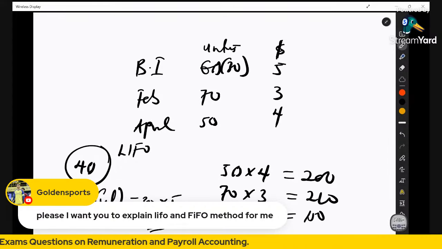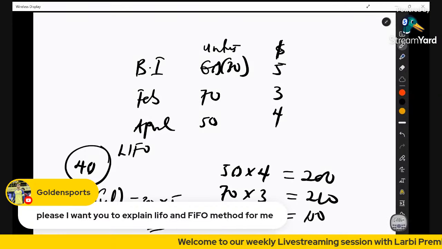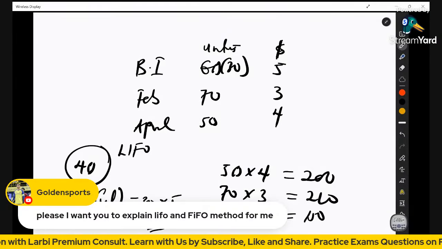And at times the examiner can ask you a question like, how many units of ending inventory will be found in the beginning inventory?